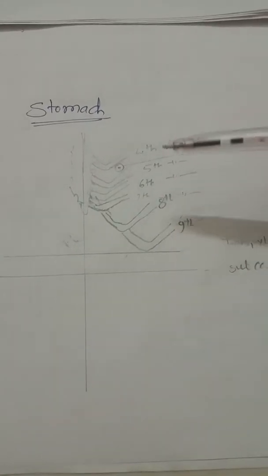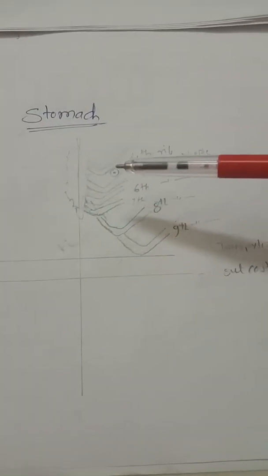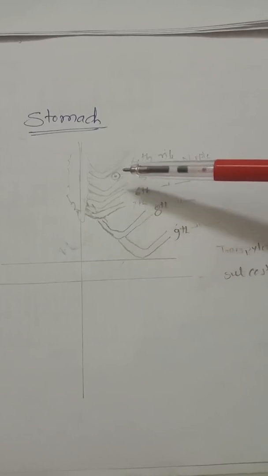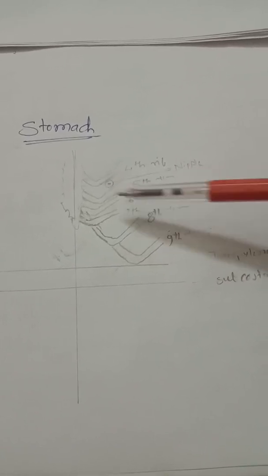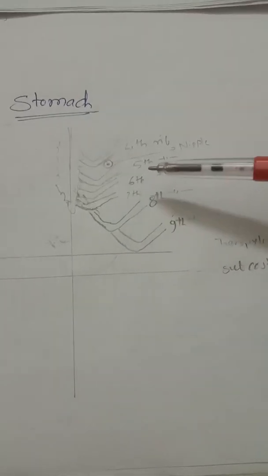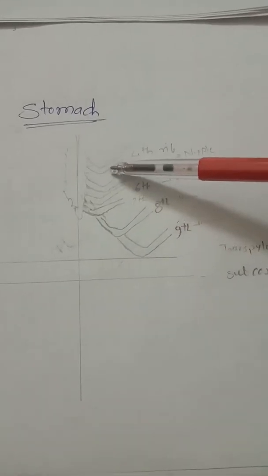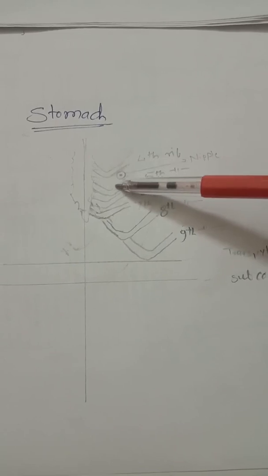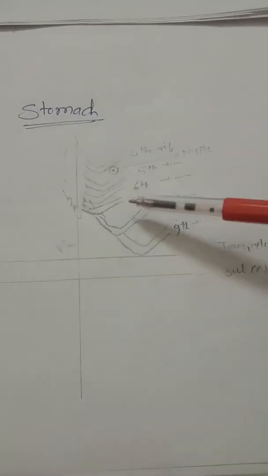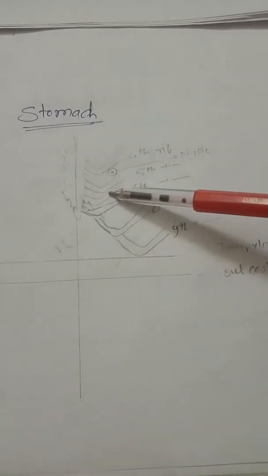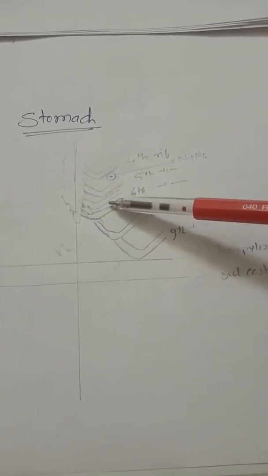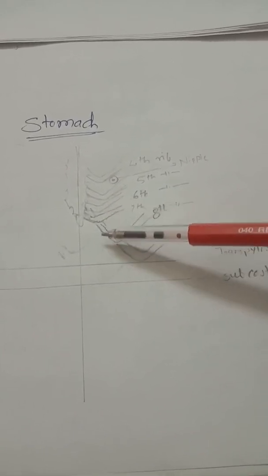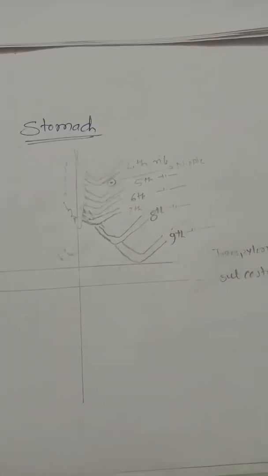In this diagram you can see the space between the 4th and 5th rib, called the 4th intercostal space, where the nipple is located. Here you can see the left nipple. Between the 5th and 6th rib is the 5th intercostal space, and between the 6th and 7th rib is the 6th intercostal space.